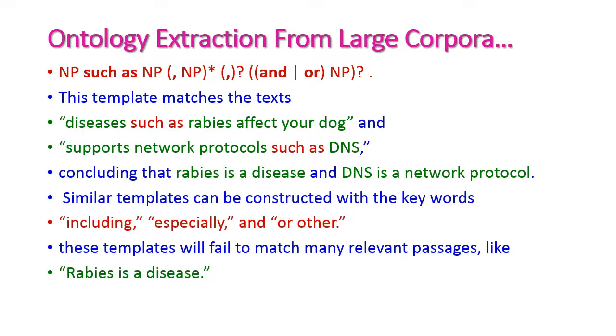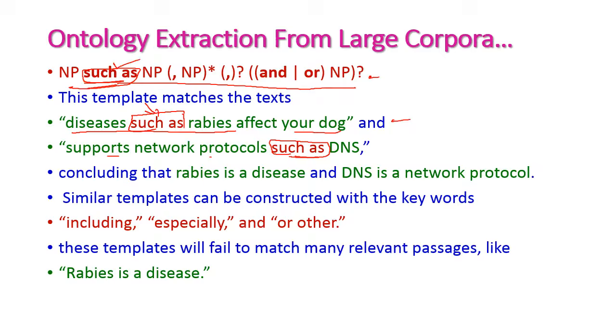This template can match any domain text. For example, a disease such as rabies affects your dog, and another sentence, supports network protocol such as DNS. Here we are using such as, which is the keyword. And and or are optional here.